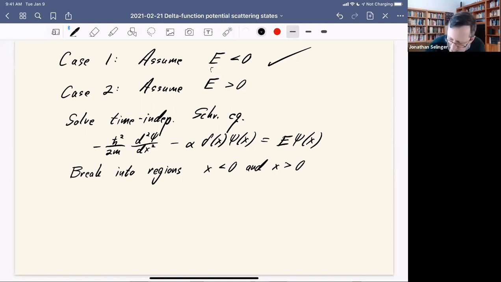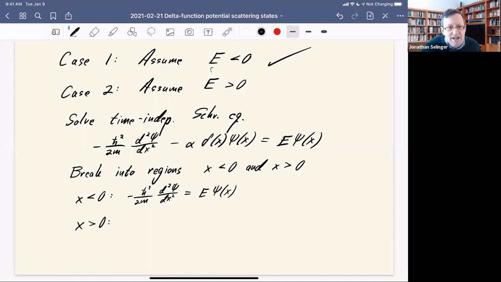Okay, so if we break into those two regions, then for x negative, we have this negative h bar squared over 2m times the second derivative equal to E psi, because the delta function is 0, excuse me. X is negative, so the delta function is 0. And for x positive, it's exactly the same equation.